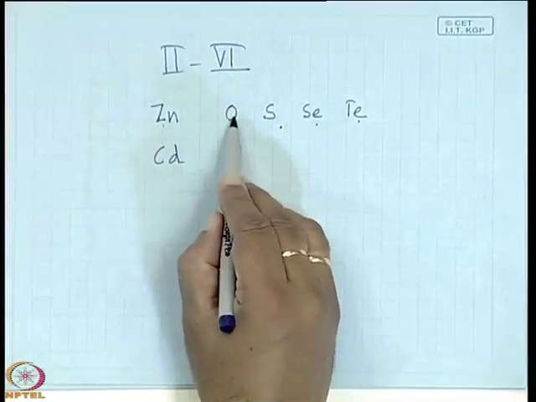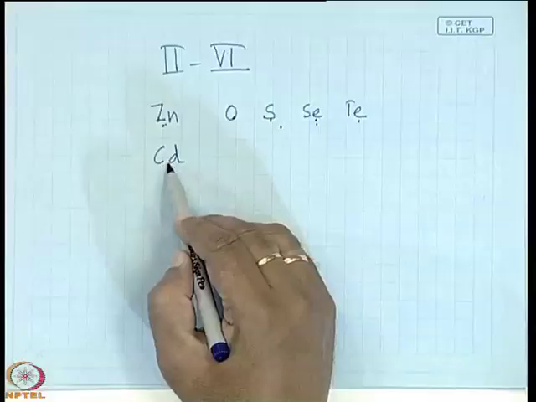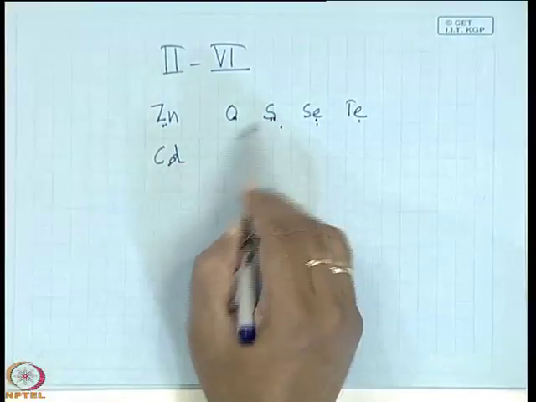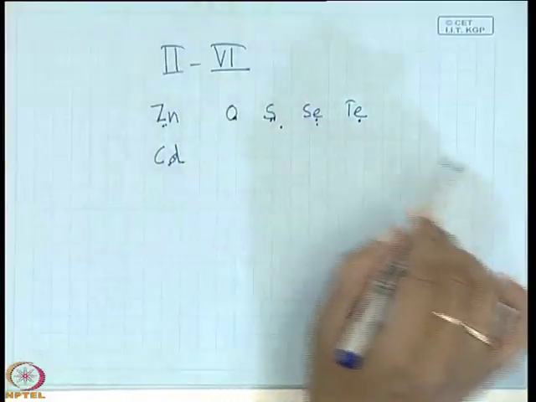That means zinc oxide, zinc sulphide, zinc selenide, cadmium oxide, cadmium sulphide, cadmium telluride, etc. So, those are the 2,6 compounds.